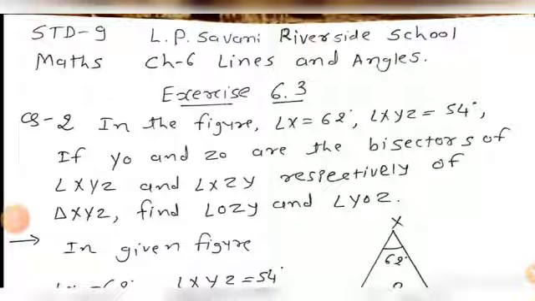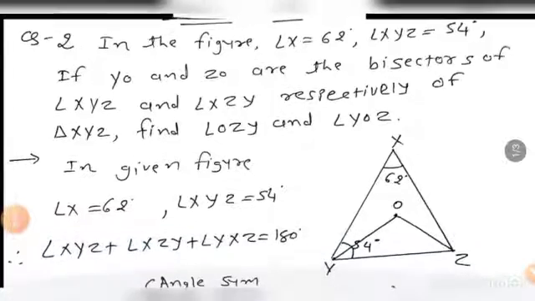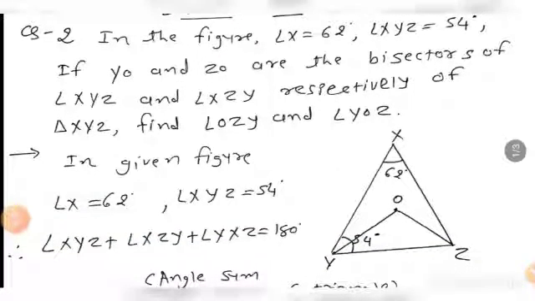In the figure, angle x is equal to 62, angle xyz is equal to 54. If yo and zo are the bisectors of the angles xyz and xzy respectively of triangle xyz, find the angles ozy and yoz.